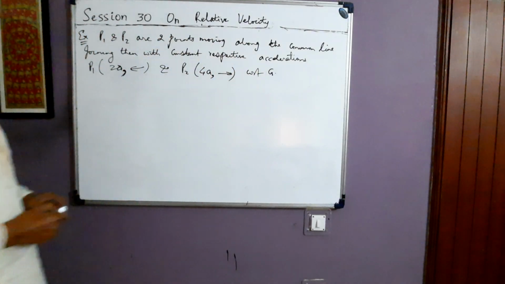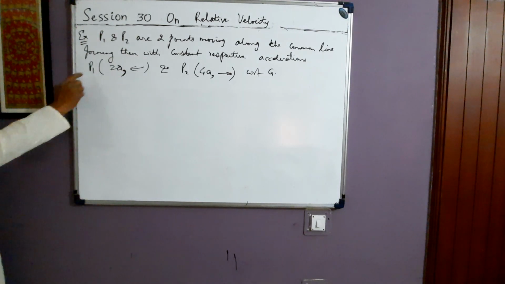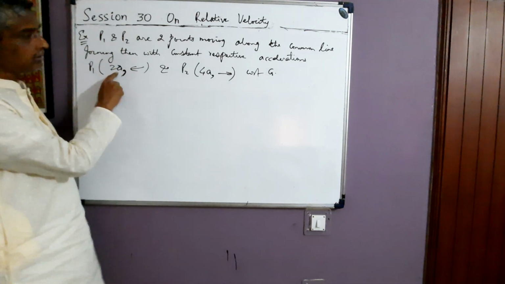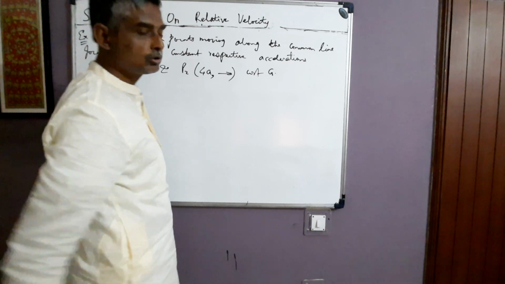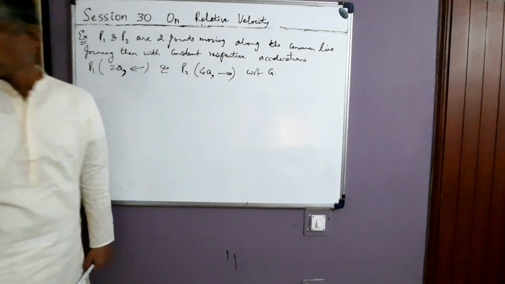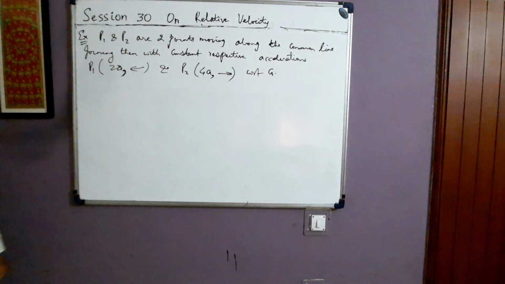So the acceleration of P1 is constant, 2a leftward, and for P2 it is 4a rightward. Both are constant with respect to ground. Okay, fine.